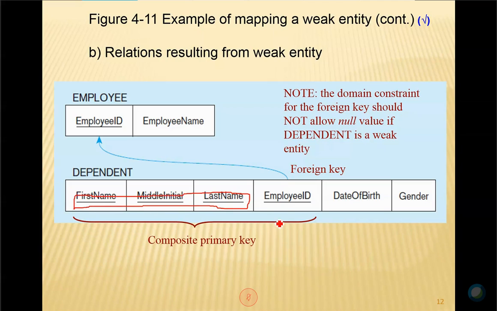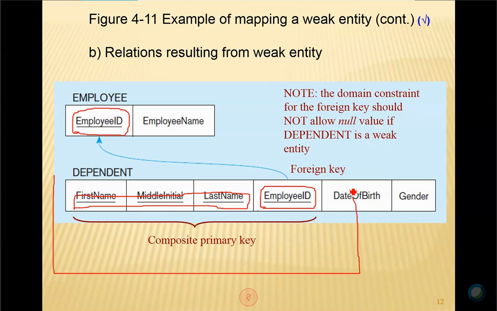These are the partial identifier, plus the primary key from the strong entity. So these four are forming the composite primary key for the weak entity, and then this one, the foreign key, can trace back to the parent.